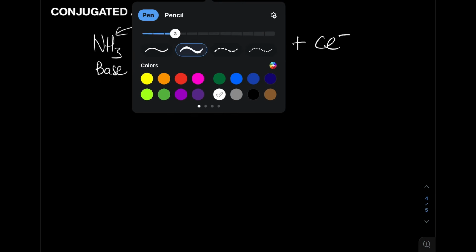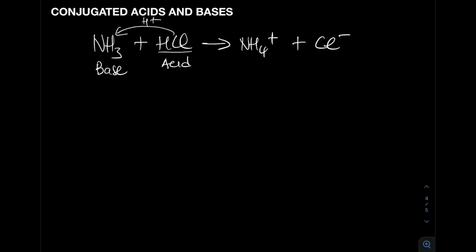Now, what I want you to know today, let's look at the acid first. When this acid donated a proton, what remained there is the Cl minus. So if you're looking at the difference between this HCl and the Cl minus, it's the what? It's the H plus.